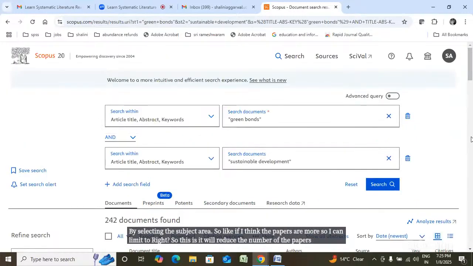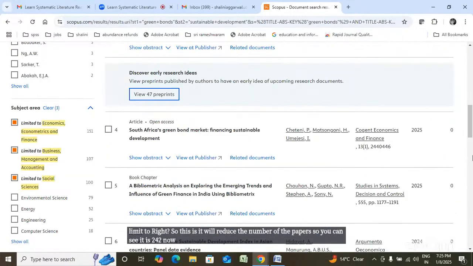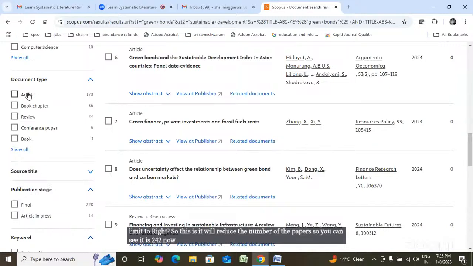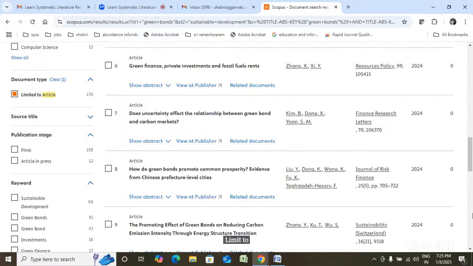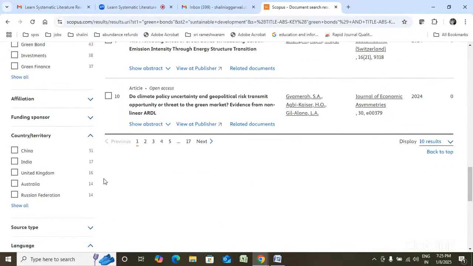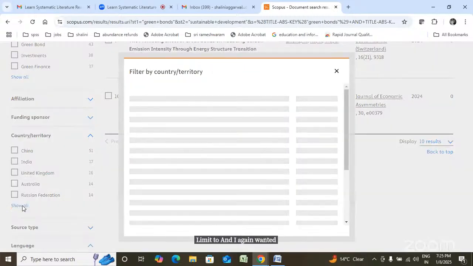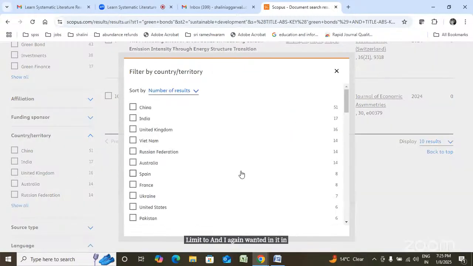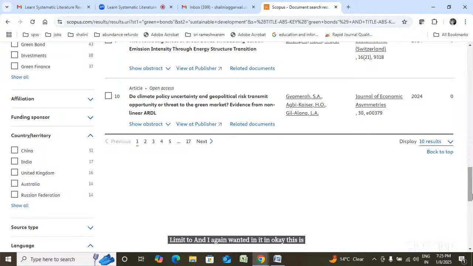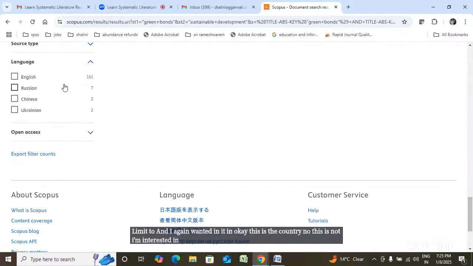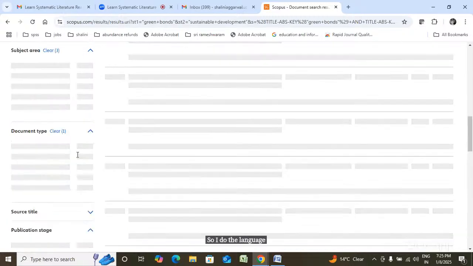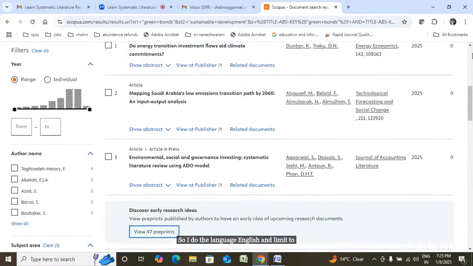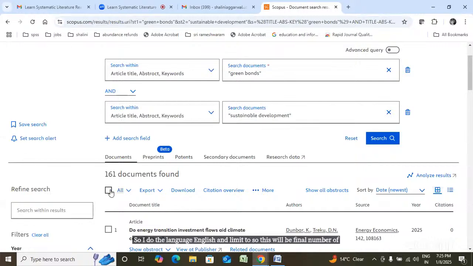So you can see it is 242 now. Next, I wanted only articles, limit to. And again, this is the country, no, this is not what I'm interested in. Language I'm interested in. So I select the language English and limit to. So this will be the final number of papers that I will get.